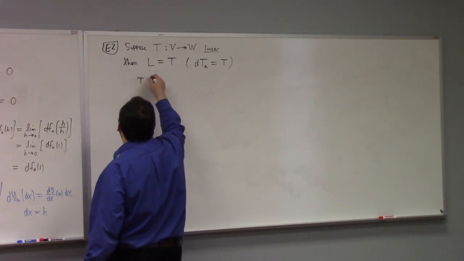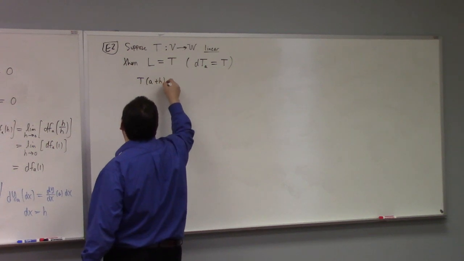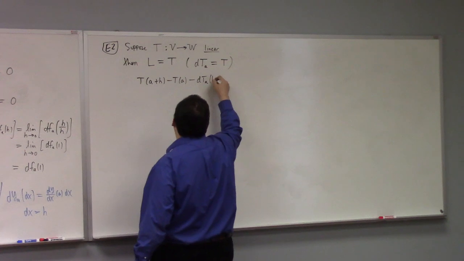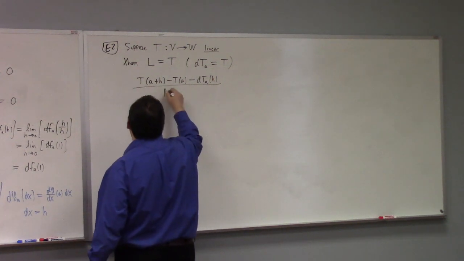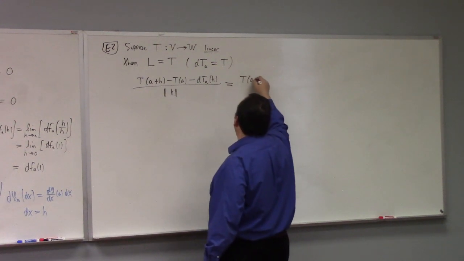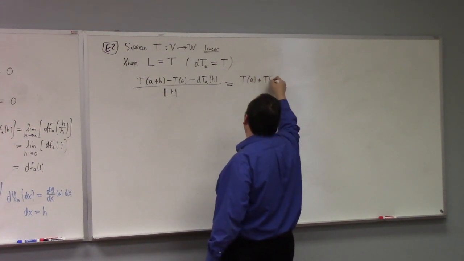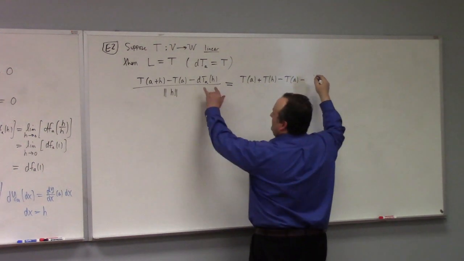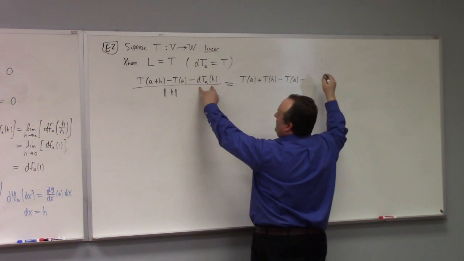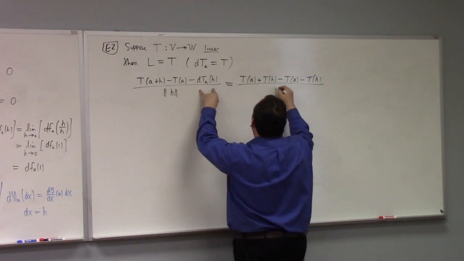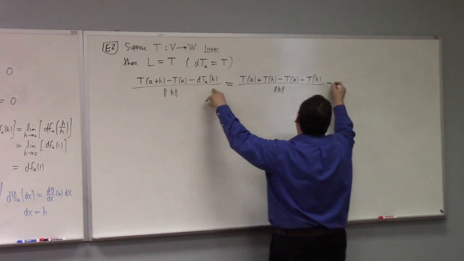Well, check it out. So if we have T of a plus h minus T of a minus dT_a of h, divided by norm h, in this case, that's literally T of a plus T of h by linearity of T, minus T of a, minus, I'm claiming that we can just put dT_a, that's just T of h, divided by norm h. This is very dumb.